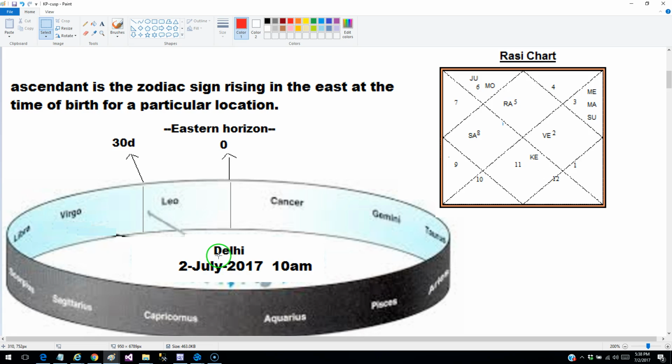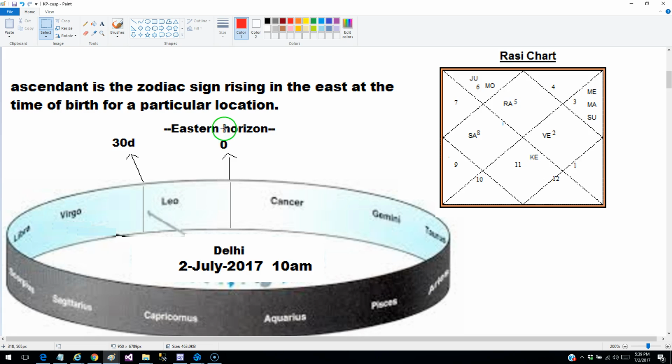This is the location, Delhi, and this is just an example that I have taken. This is the date, and this is the time. What we are going to do is find out the sign rising in the east. This is the eastern horizon from Delhi.